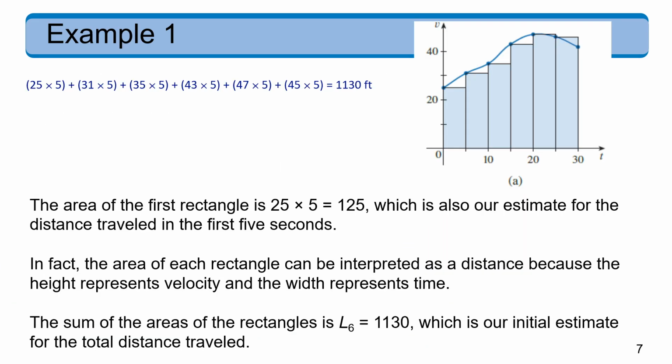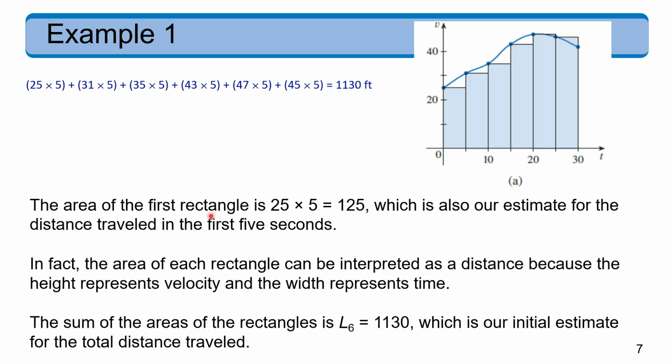This slide summarizes some of the ideas I was just presenting on the previous slide. So we had this calculation for our estimate for the total distance traveled, and we related it to this graph where each one of these products represents the area of one of these rectangles. And we also interpreted each one of these products as representing the distance traveled over one of the 5-second time intervals.